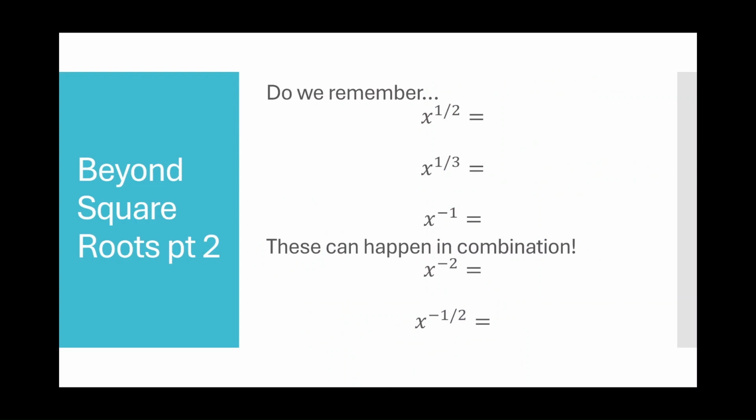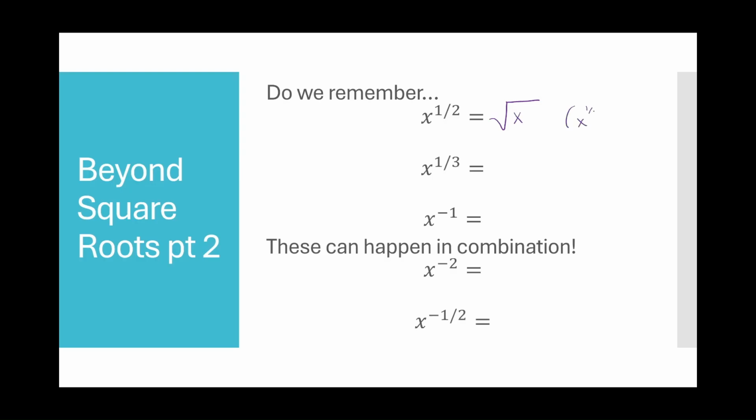And let's do a quick review, or maybe learn for the first time, of rational exponents. What that means is I have a fraction in this exponent. So x to the 1/2 power, we may or may not remember, is just another way of writing the square root of x, right?